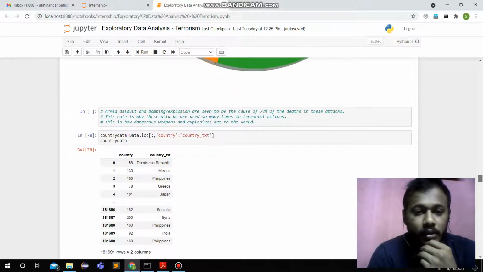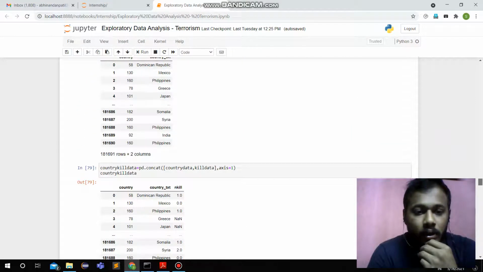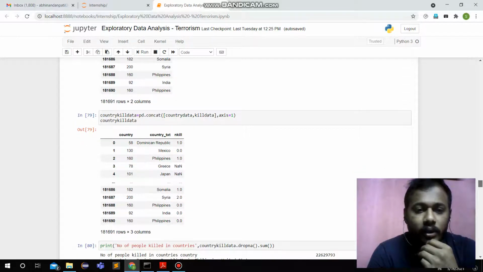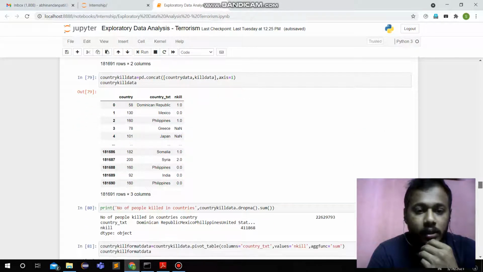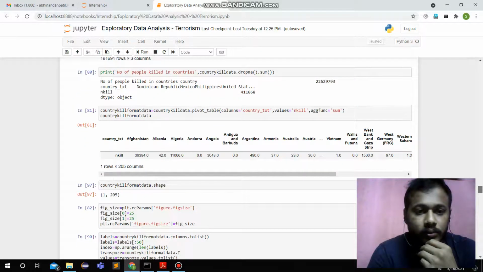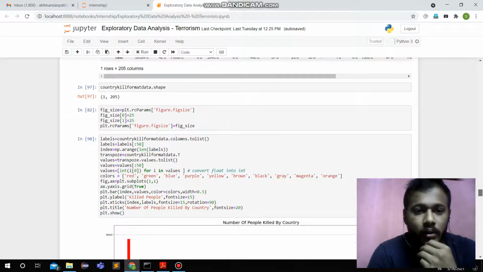Here is the dataset for country. After that, here is the dataset for country with the number of people killed in terror attacks. After that, I plotted the count plot for the countries by number of people killed by terror attacks.